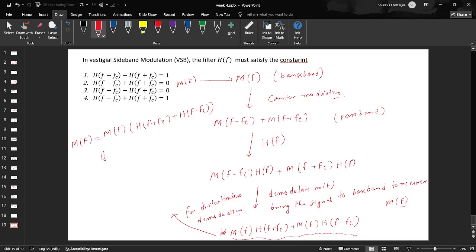This leads to the condition that H(f−fc) plus H(f+fc) should equal 1. Then only your demodulation will be distortion free. So your fourth one is the correct answer here.